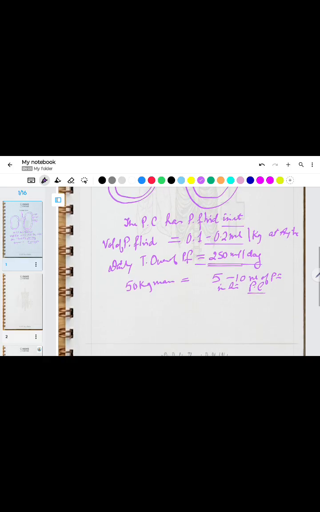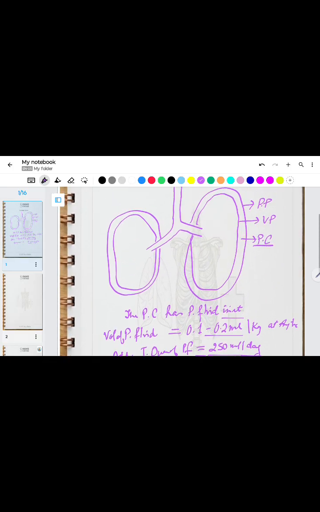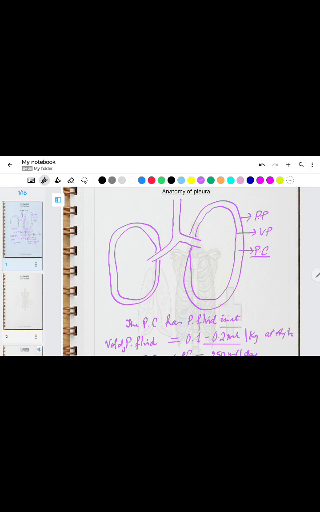Okay, and most important thing is to note that the right and the left pleural cavity are completely separated from each other by presence of mediastinum and the heart. Heart and mediastinal cavity separates the right pleura and the left pleura from each other.